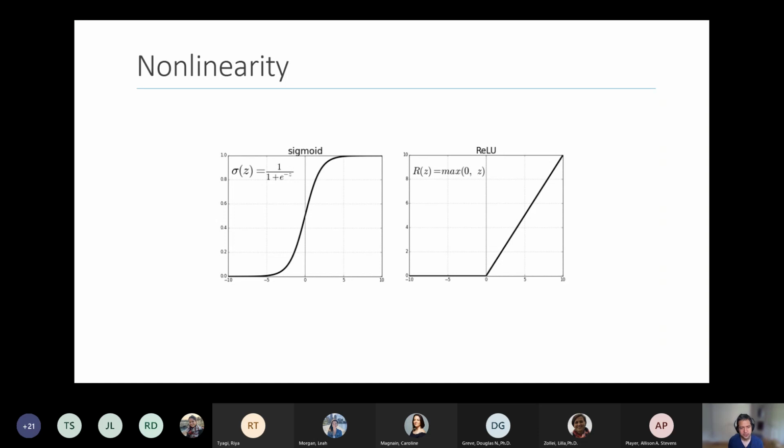The final nodes usually have some important meaning, so you have to be careful what the nonlinearity should be so that it matches the type of output you have. For example, neither of these nonlinearities has any negative output.